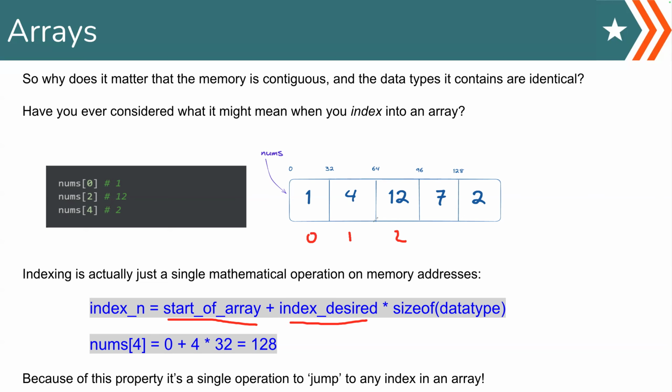So this is why everything in the array needs to be of the same type, in terms of how the computer works at a really low level, because we figure out how far we need to go and multiply it by how big each block in the array is. And this is what makes grabbing something from any index in an array a constant time operation.